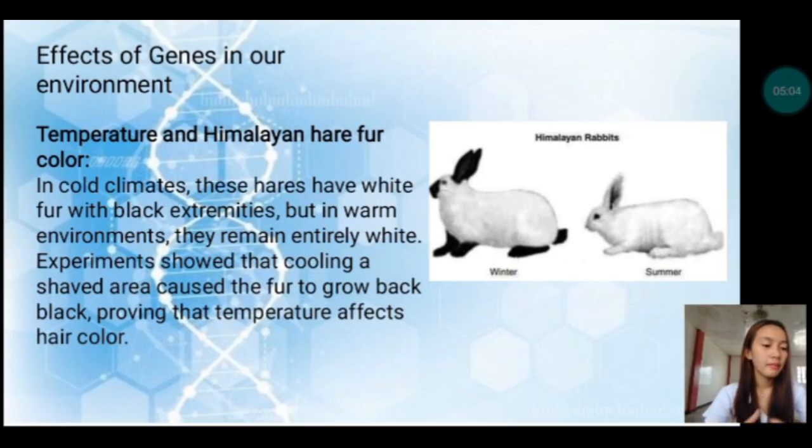If the rabbit is in a warmer place, it goes back to being white in color, its fur returns to white. This happens because heat affects the genes that control the fur color. Even scientists experimented: they shaded the fur of the Himalayan rabbit, then placed it in a cold area, and it changed color into black.